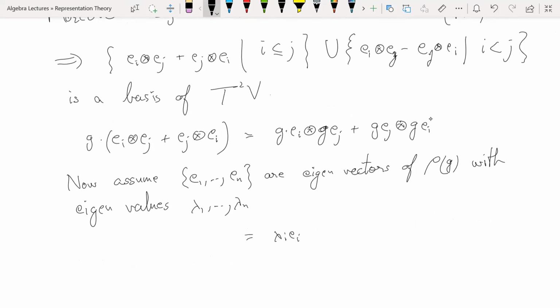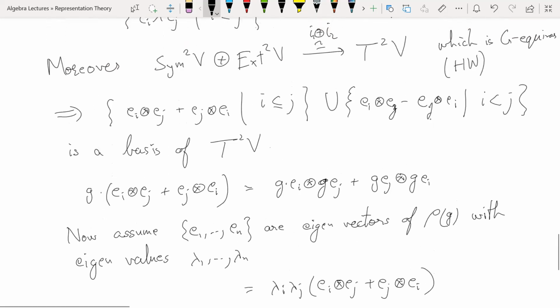So maybe lambda I lambda J. It will come out to be lambda I lambda J times the vector you started with, EI tensor EJ plus EJ tensor EI. So that tells you that if E1 to En are eigenvectors of this, then these are eigenvectors of the G action on the symmetric square.